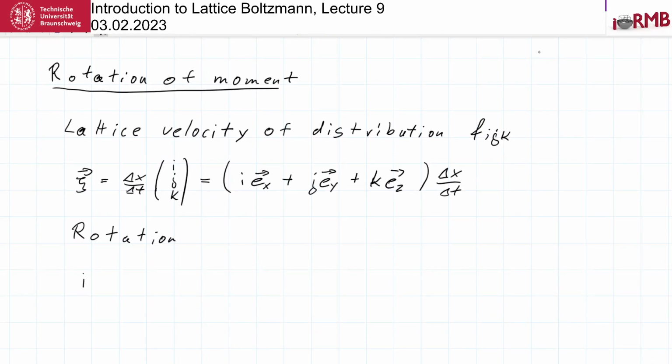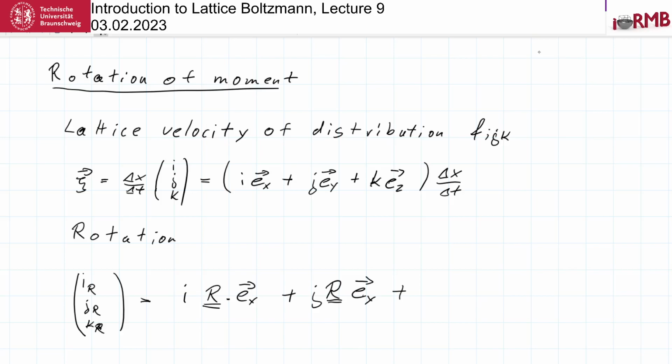So, suppose we have a different coordinate system which is rotated against our original coordinate system, and here we call this the unit vectors i_R, j_R, and k_R, yeah, they would be obtained by i times a rotation matrix multiplied with the vector x plus j times a rotation matrix times the unit vector in y plus k times a rotation matrix, sorry, times the unit vector in z.